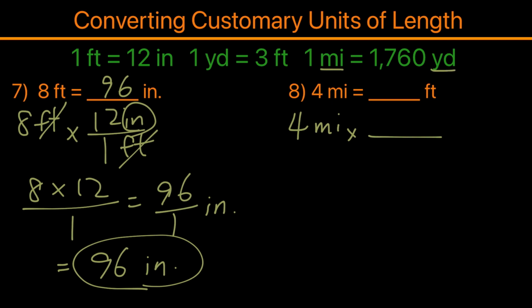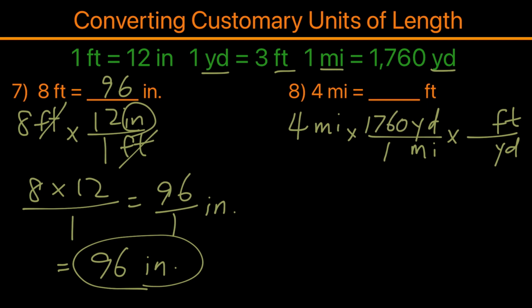So we can go ahead and first convert to yard, and then we'll convert from yard to feet. So from the conversion, 1 mile equals 1,760 yards. And 1 yard equals 3 feet. So by crossing out the unit of measure, miles, yards, and we're left with feet.